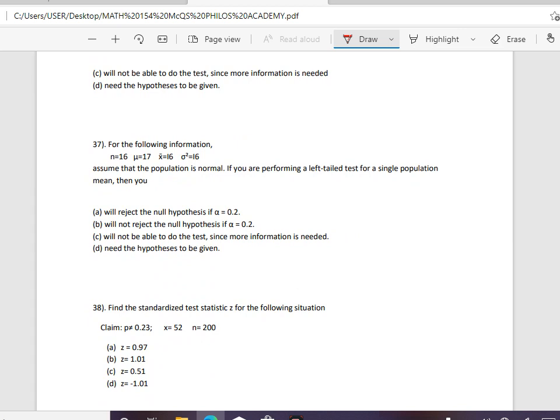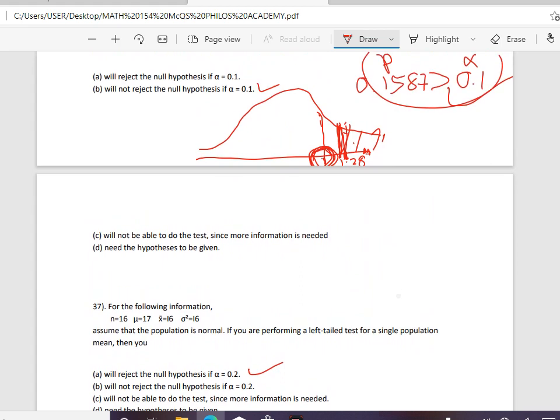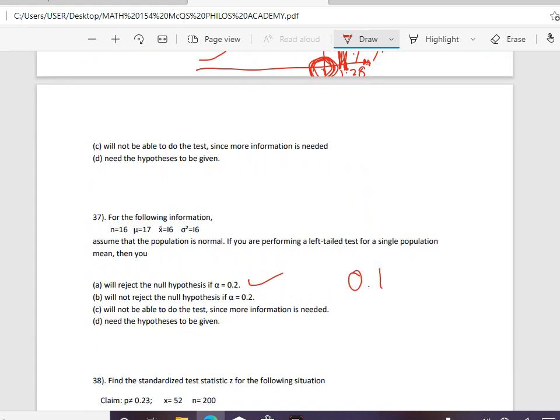37. We are given the same data again. They say if you perform a left tail test for a single population mean, then you. Now here the answer is A. You reject the null hypothesis if alpha is 0.2. The reason being is, what was your p-value? Your p-value is 0.1587. And if alpha is 0.2, then compare it.